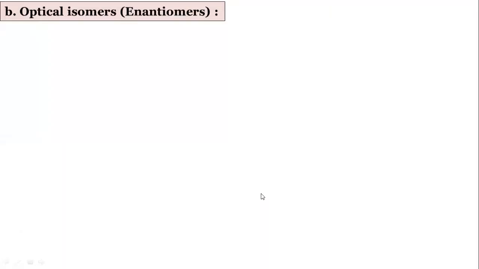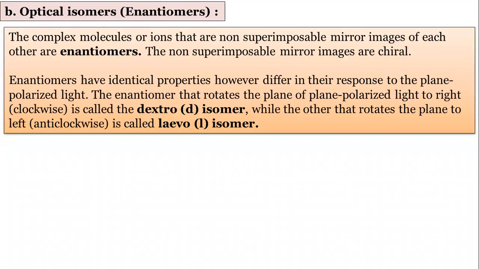So we will discuss the next part of stereoisomers, optical isomers. In enantiomers, I will take it first because we already discussed this in detail in the chapter on halogen derivatives. These are non-superimposable mirror images of each other. They have a chiral carbon. Chiral carbon is nothing but a carbon having 4 different groups.